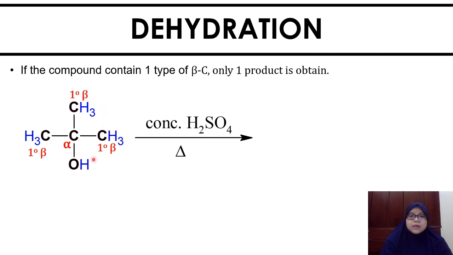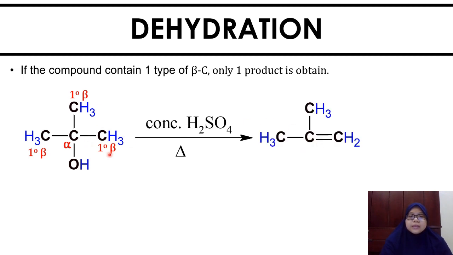So in this elimination reaction, hydroxyl will be removed from the alpha carbon, and then we will remove another hydrogen from any carbon here. Because all the carbons are the same, we will remove one hydrogen and form a double bond between them.